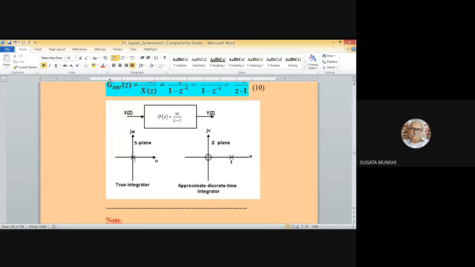In case of the continuous time integrator, it has a single pole at the origin in the S-plane transfer function. For the transfer function of the backward rectangular integrator, there is one zero at the origin of the Z-plane and one pole at z equal to 1.